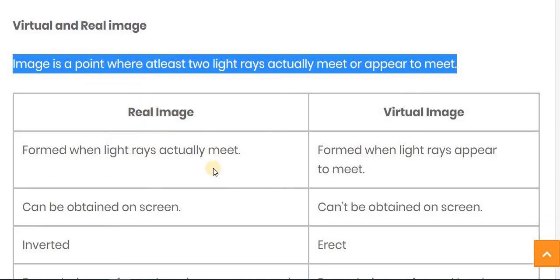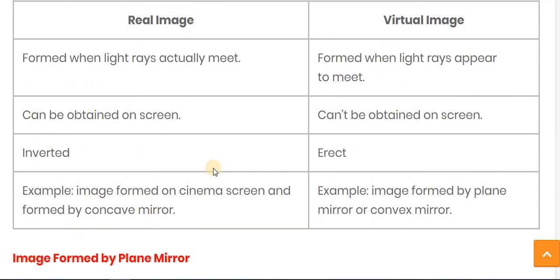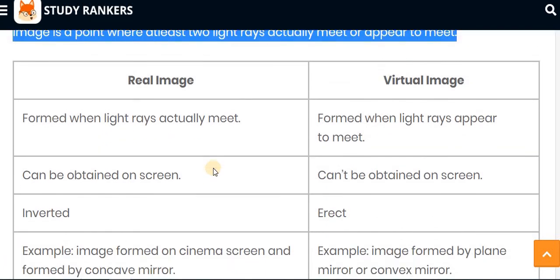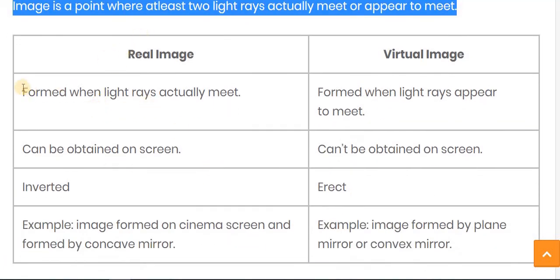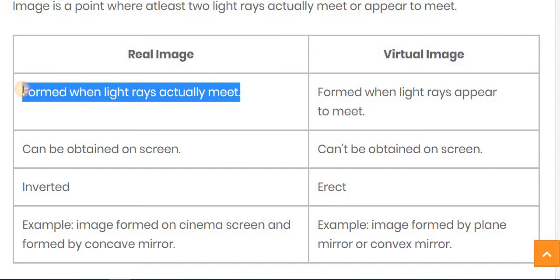Now let's see the difference between the real image and the virtual image. The first one is the real image. As I told you, in a real image the two rays actually meet and form the image. A real image is formed when the light rays actually meet.